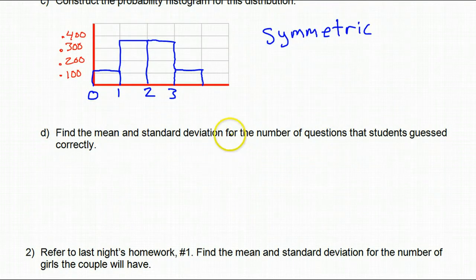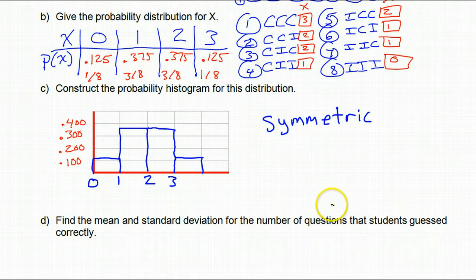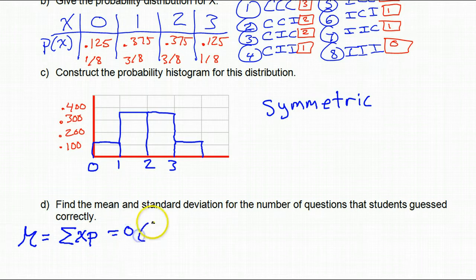Okay, D. Find the mean and the standard deviation for the number of questions that students guessed correctly. So we're going to find the mean and the standard deviation from our probability distribution. We learned that the formula for the mean is the sum of all the x times p. It doesn't matter if you use the decimal form, as long as you didn't round, or the fraction form.